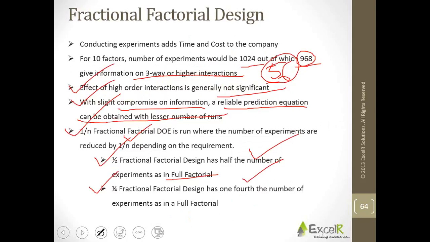So in this way, you can reduce the number of experiments, which reduces the time and cost for the company. And once your number of experiments are reduced, though you're slightly compromising on the information, you still get some kind of reliable prediction equation.